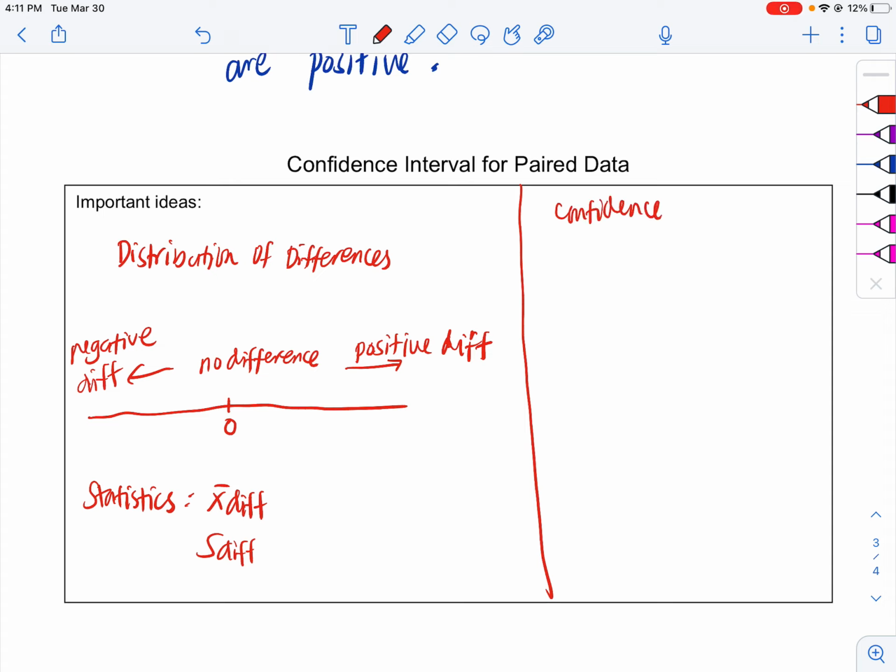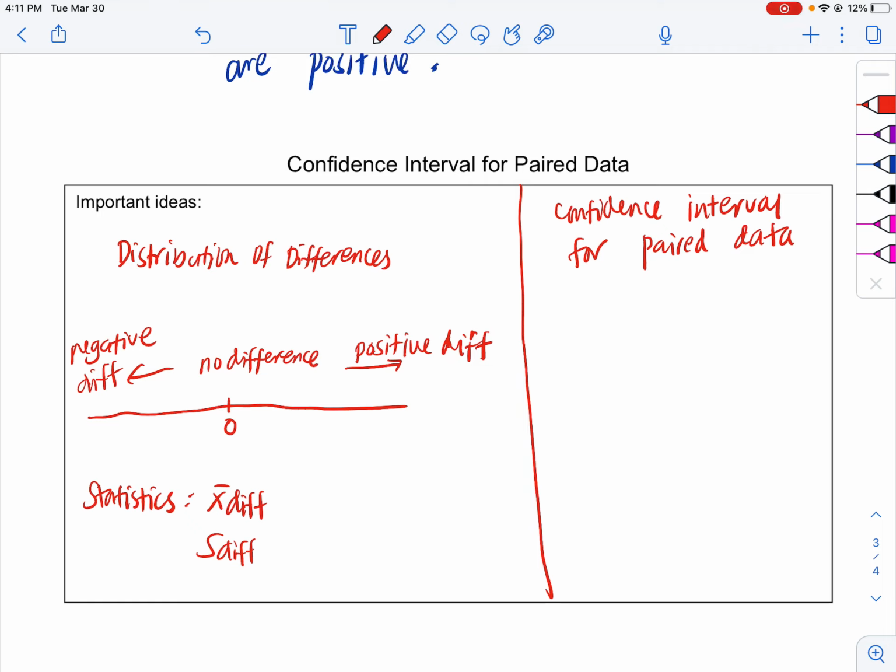It's called confidence interval for paired data. When you say paired data, do you remember this from chapter 4 where the subject is given 2 treatments? We call this the match pair. A subject is given 2 treatments.